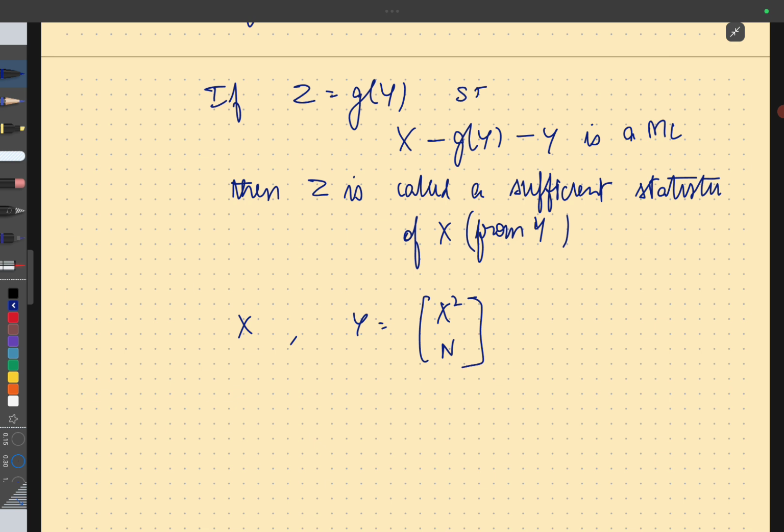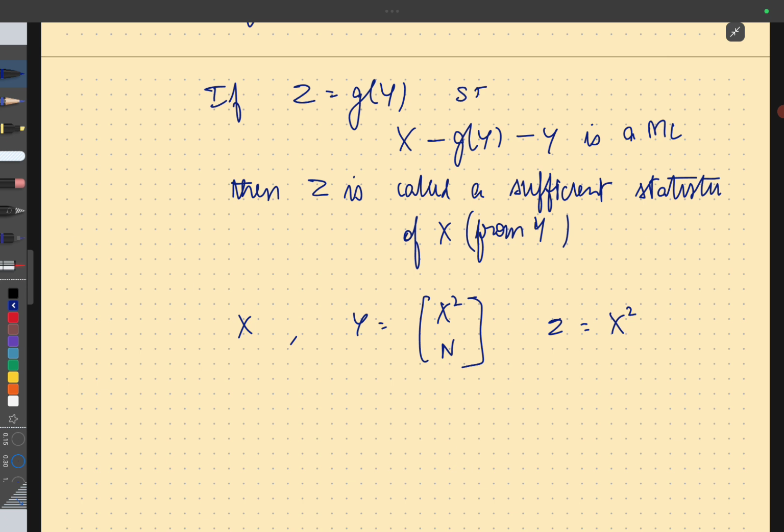So y contains two components, one which is x square, the other which is pure noise. And I take z to just be equal to x square. Z is a function of y. It's not bijective because I can't recover y from z. But z contains all the information that I need about x.